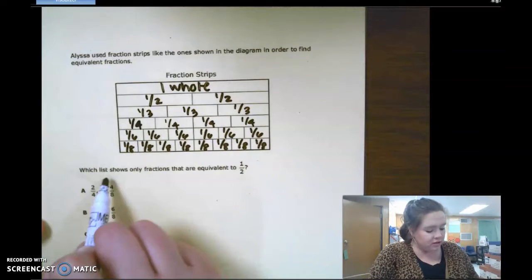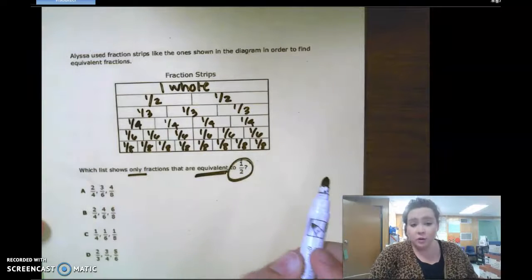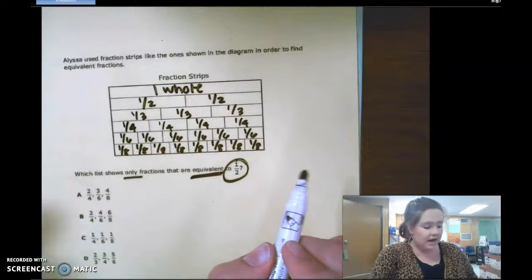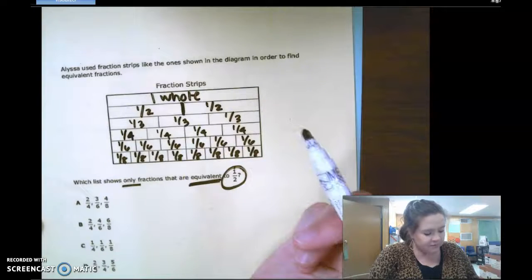So, which list shows only fractions that are equivalent to 1/2? So we're looking for fractions that are equal to 1/2. Well, here is 1/2, all right?